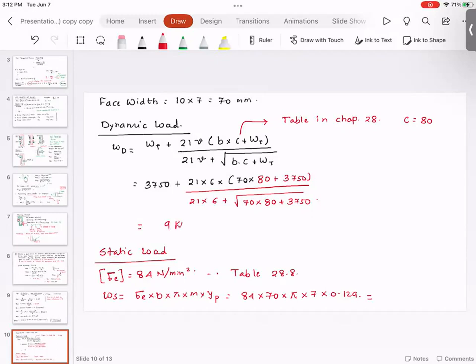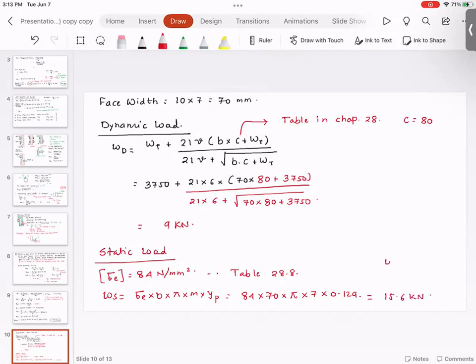So 9 kilonewton, right? And what is WS? 0.6 kilonewton.